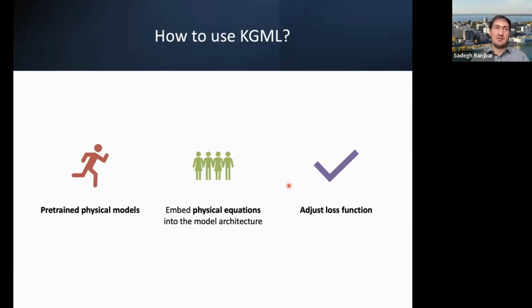And another way to add a physical constraint is to adjust the loss function. For example, when we are training a model, we can choose some targets and choose a default loss function, like we can say just use MSE or MAE, mean absolute error. And the model uses the difference between the predicted value and the actual value as the loss function.